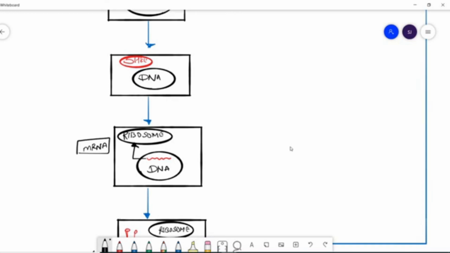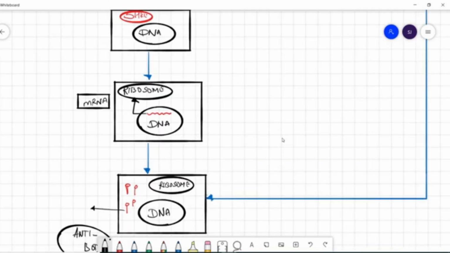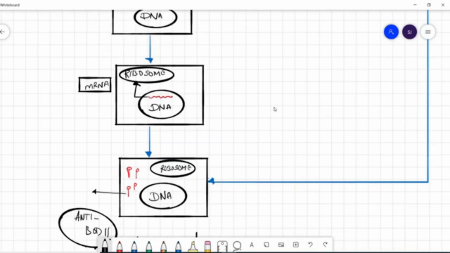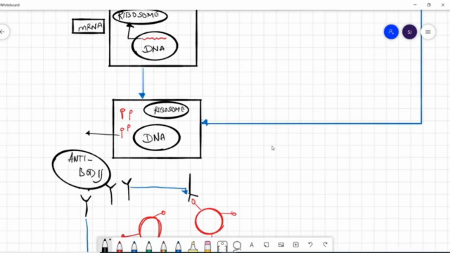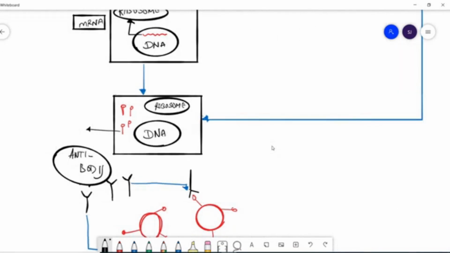But in this case, we have not made the whole virus enter our body. Rather, we have made only the spike protein information enter, and the mRNAs are sent into the ribosome, where the spike proteins are produced.